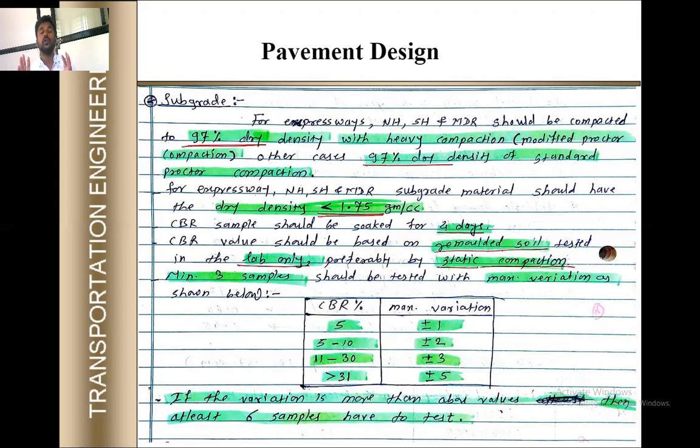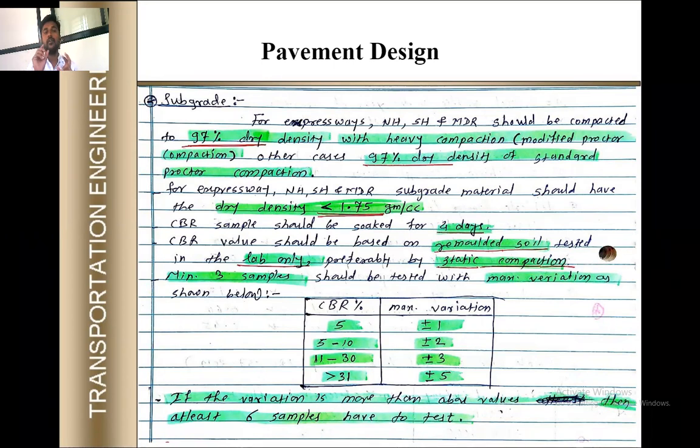As we know, there are two different methods of compaction: standard Proctor test and modified Proctor test. Whenever we are compacting the subgrade layer for national highways, expressways, state highways, we have to ensure 97% of the dry density with the modified Proctor test.